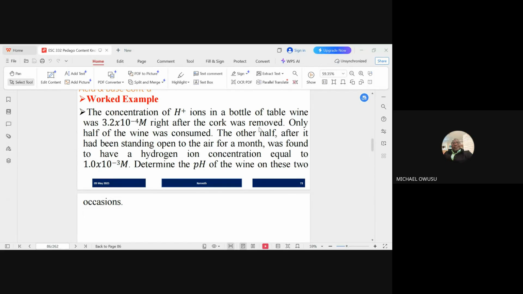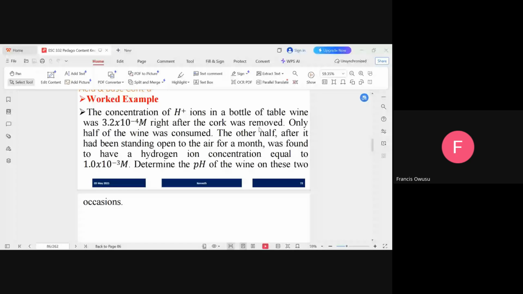Should I start from where she reached? Yes, please. Okay, so the pH is equal to 12.4. Now we know the pH, and we know that pH is equal to negative log of the concentration of the hydronium ion.